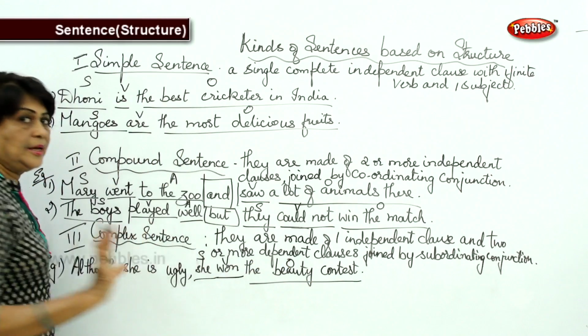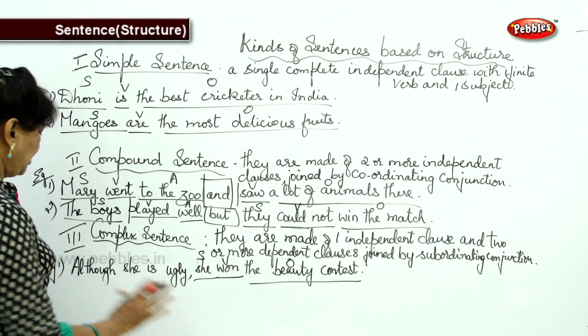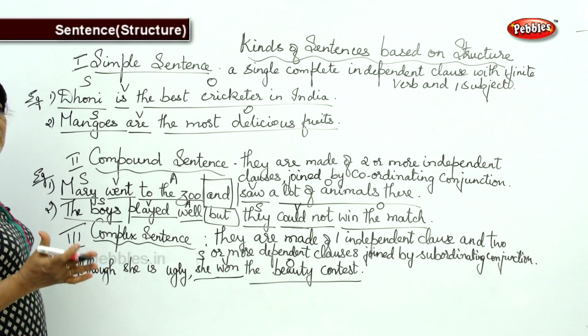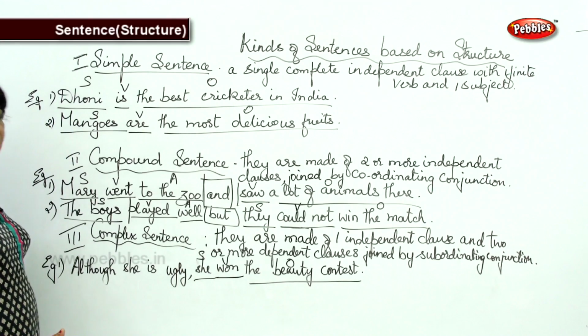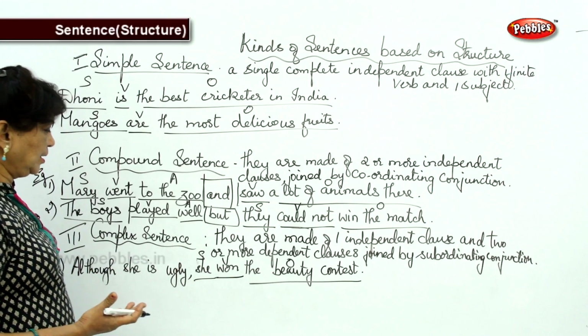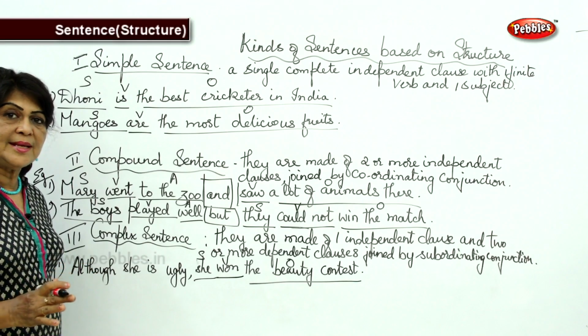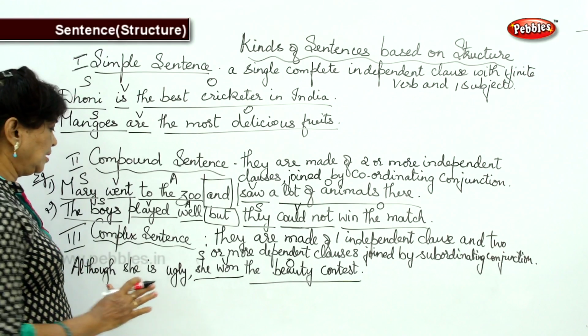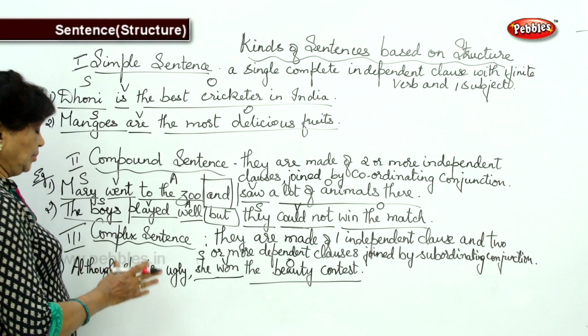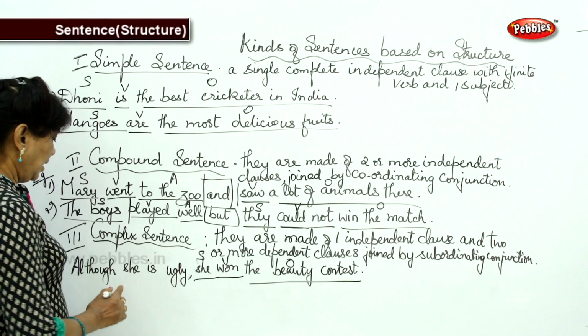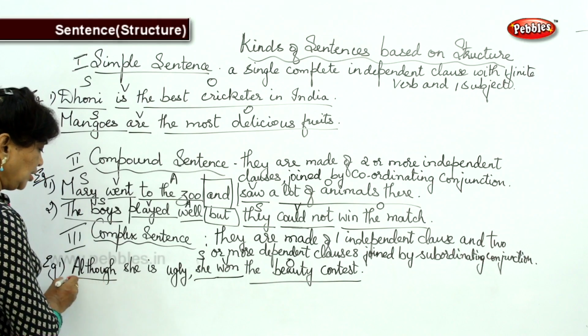So, this is an independent clause, but here "although she is ugly" depends on this part of the sentence, isn't it? Although she is ugly. Does it make complete sense? No, it does not make complete sense. So, this is a subordinate clause. And what is the subordinate conjunction?